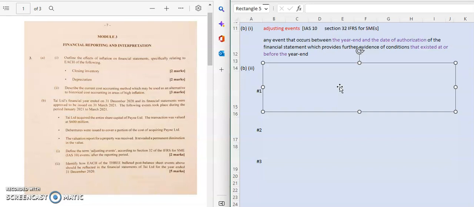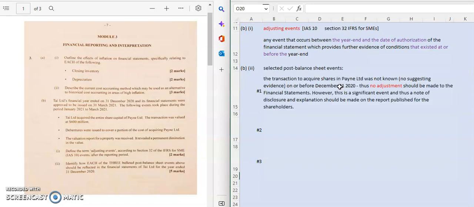But they didn't tell us that this seemed to have existed before, right? So the transaction to acquire the shares was not known. At least there is no suggesting evidence that this was the intent. All right, and therefore there should be no adjustment for this on the financial statements. However, what we do see is that it is a significant event, right?